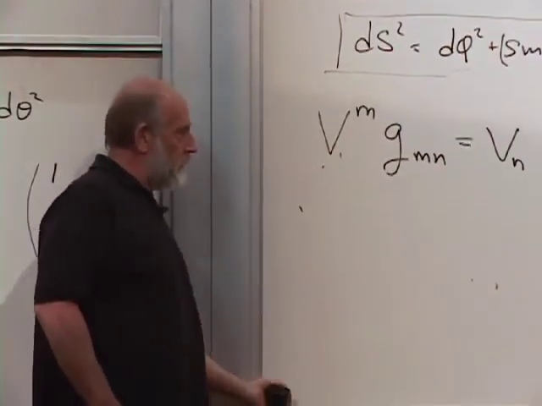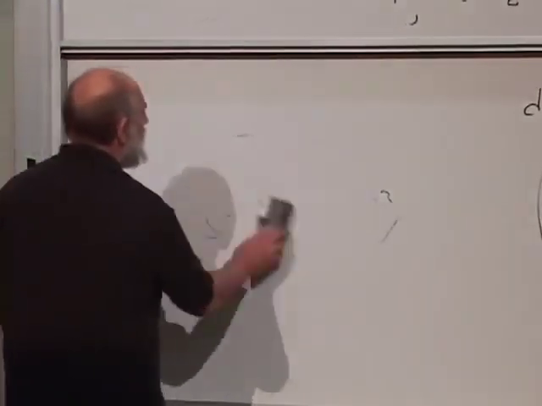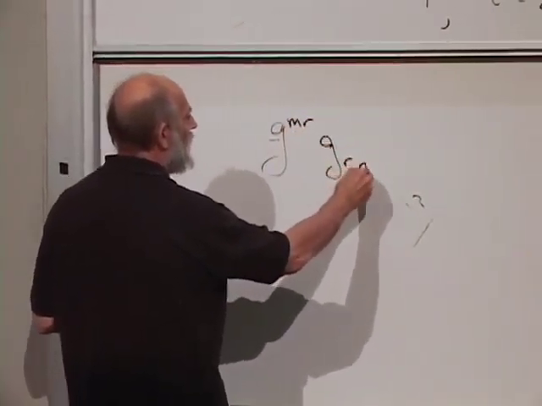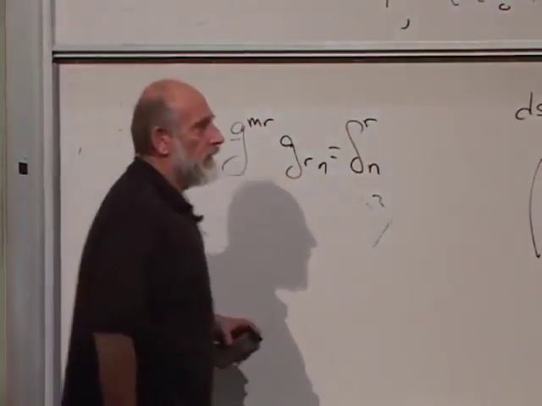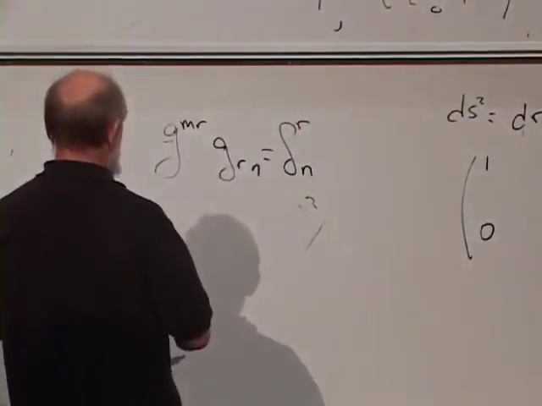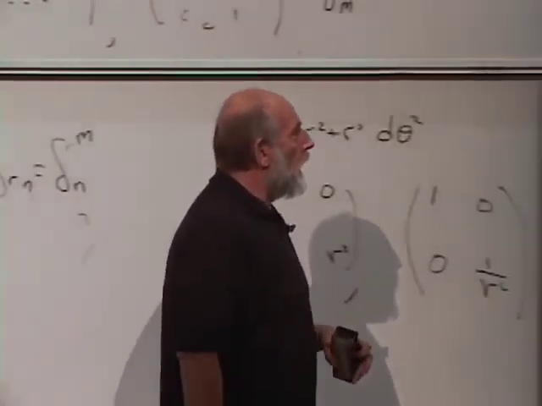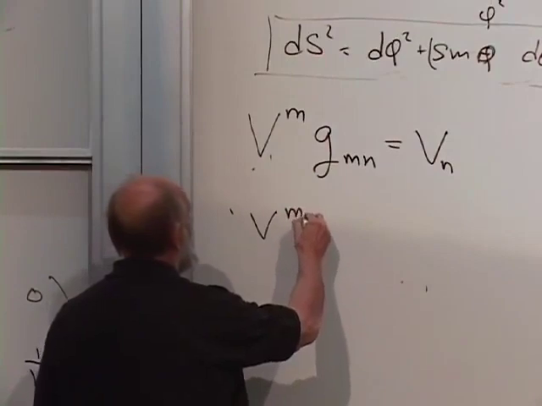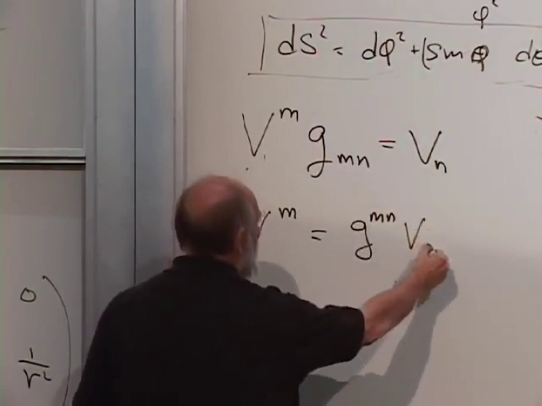See if you can prove, using only the property that G^{mr} G_{rn} equals delta^m_n, sorry, m and n, that you can solve this as V^m equals G^{mn} with upper indices times V_n. It's very straightforward.